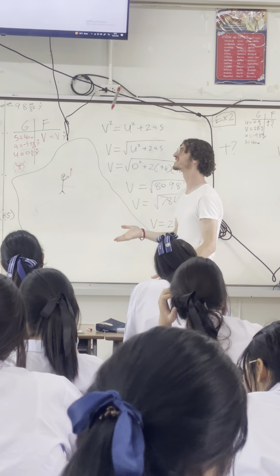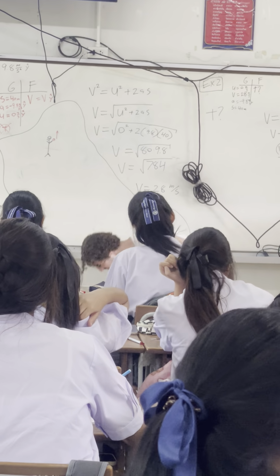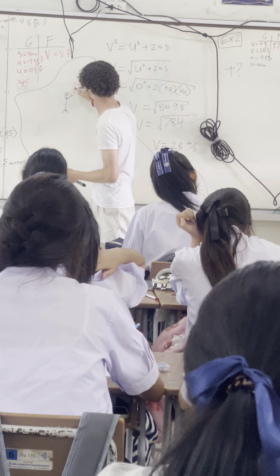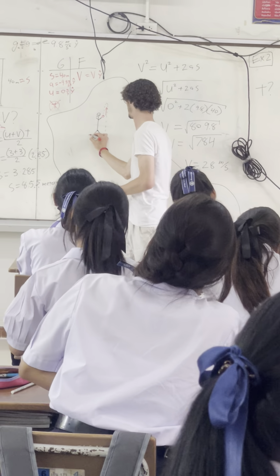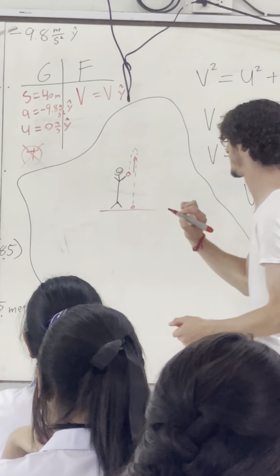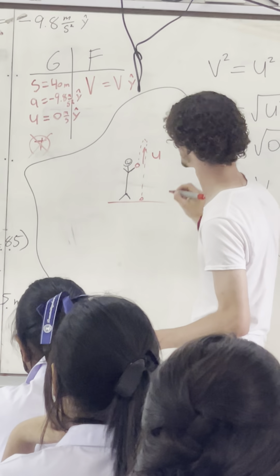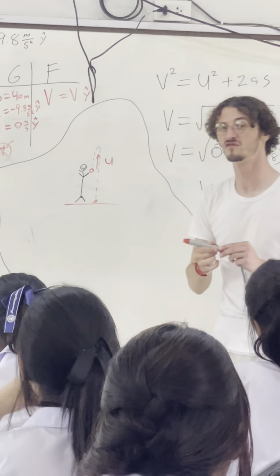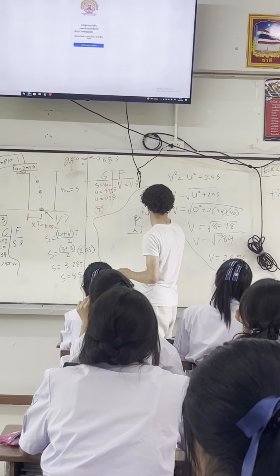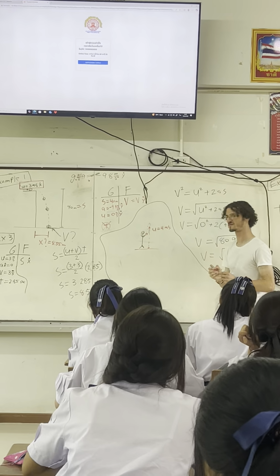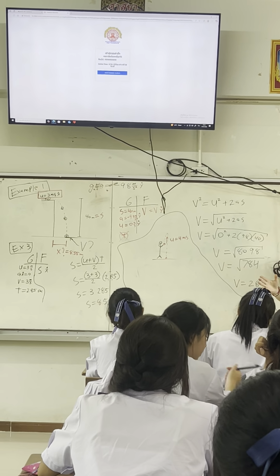But then it falls around, okay? Just like that. Let's say that our initial velocity, u, is 4 meters per second.